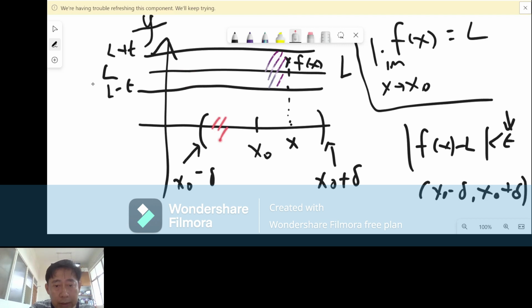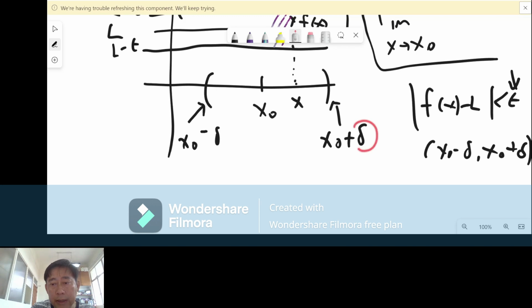So here you require the existence of the delta interval, which is expressed in terms of epsilon.